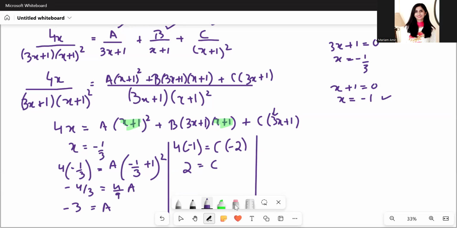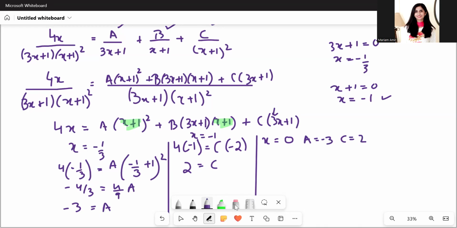Okay, now we need the value of B. To find B, what we can do is take any random value of x, and try to make it as simple as possible. So I'm going to take x equals 0. Here we took x equals negative 1, so let's take x equals 0. We already have the value of A, which is negative 3, and the value of C, which is 2. We're going to use these.